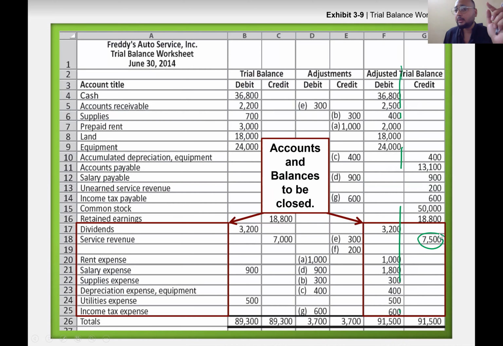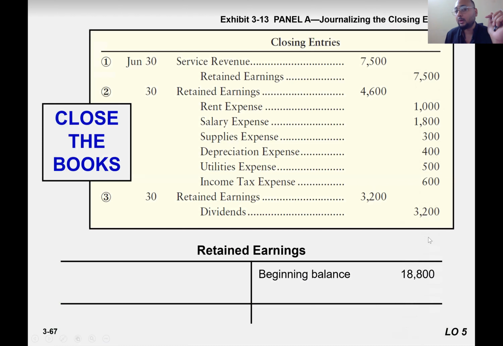No, this is an income statement item, so it needs to be closed. When you close it, the entry would be revenue to retained earning. Similarly, for all the expenses, you write down a combined entry, retained earning to all the expenses here. And at the end, the dividend: retained earning to dividend.